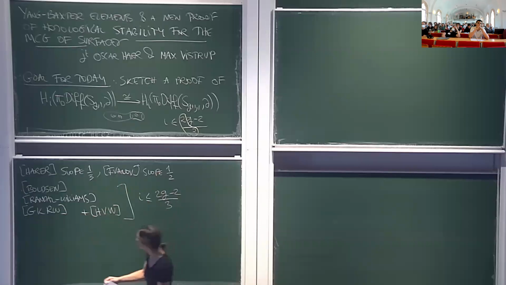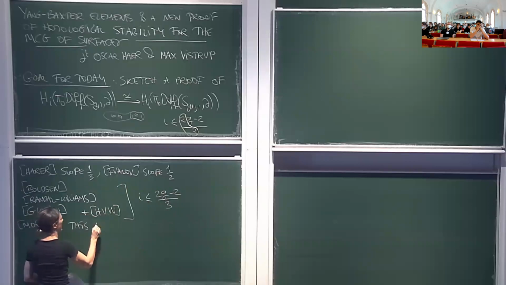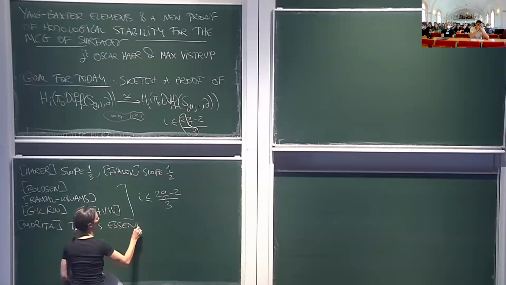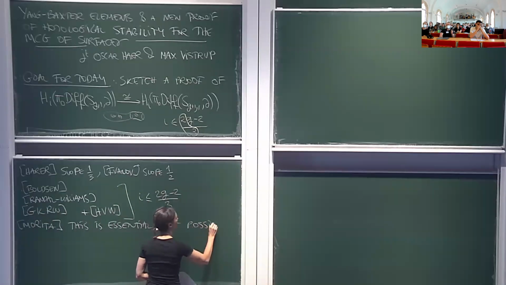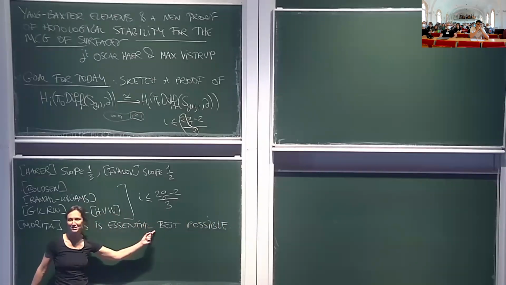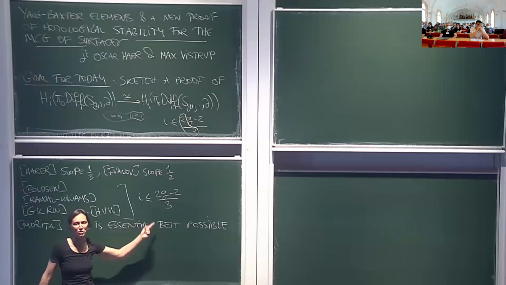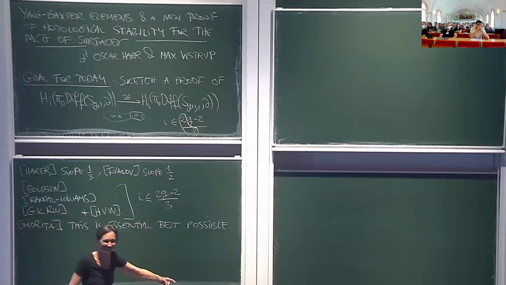And I should say there's an older result of Morita that tells you that this is essentially best possible. Now, if we have 4 different proofs that give exactly the same range, it's probably best possible. But there is a discrepancy between these two results, which is maybe once every 3rd genus, it could potentially be one better than what we can prove. But I stopped believing that this is possible.